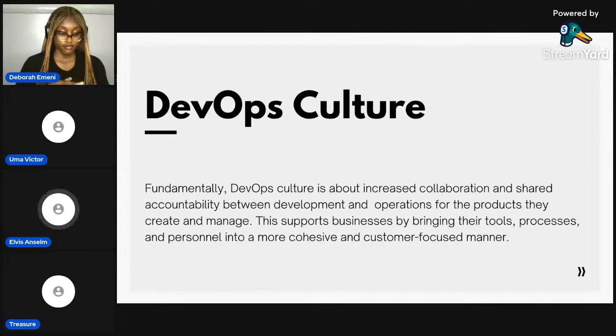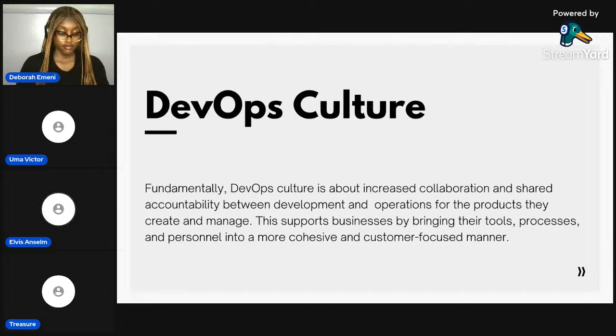So fundamentally, DevOps culture is about increased collaboration and shared accountability between development and operations for the products that they create and manage. So this takes me back to what I just said in the previous slide.